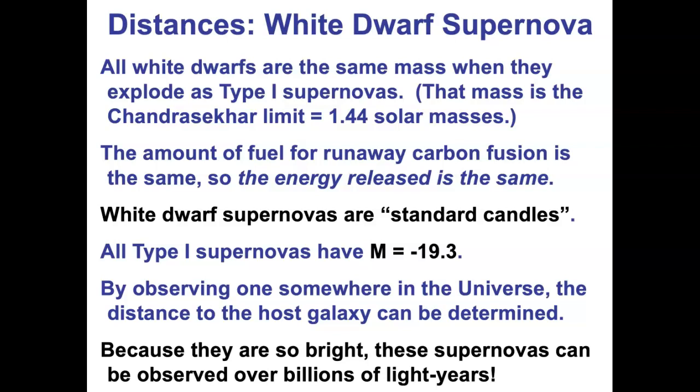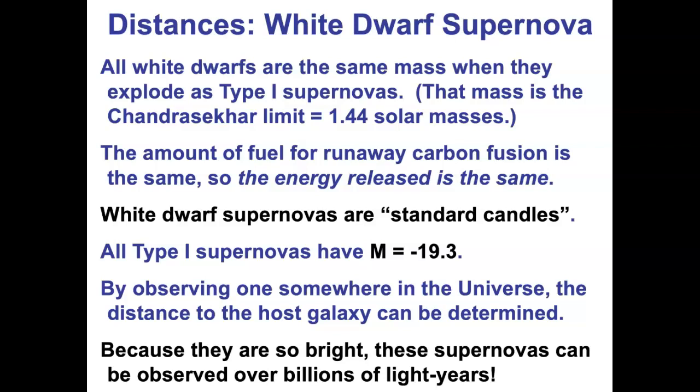And so if you take a white dwarf and it accretes some more mass, usually from a close binary companion, when that white dwarf gets too close to the maximum mass limit, the star explodes and it unleashes 1.4 solar masses worth of energy. Always the same amount of energy, because every white dwarf supernova comes from the same amount of mass. And so a white dwarf supernova is absolutely a standard candle.